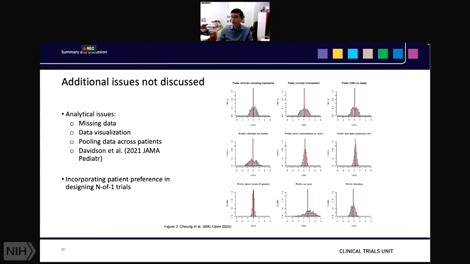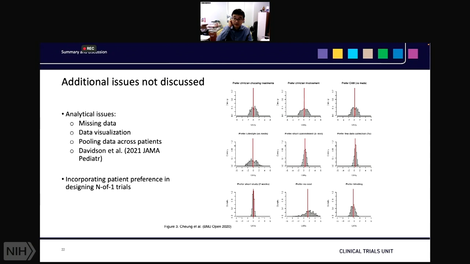With patients, sometimes it's useful to show the picture graphically to help them understand what's going on. So I think data visualization itself is very important for N-of-1 trials.